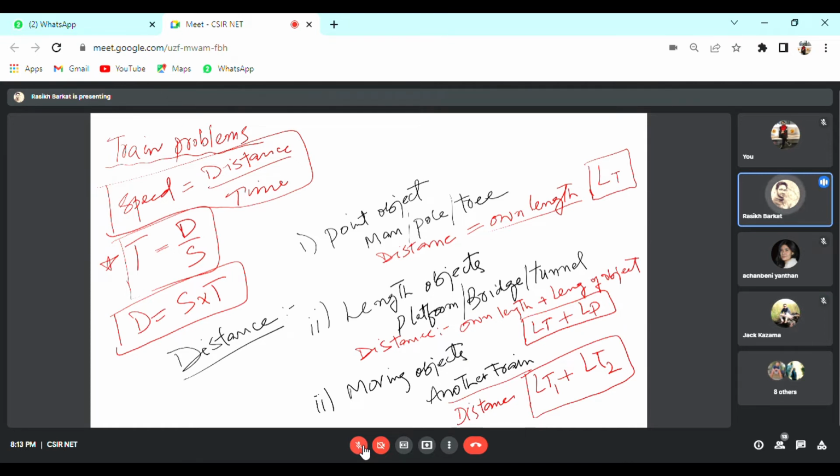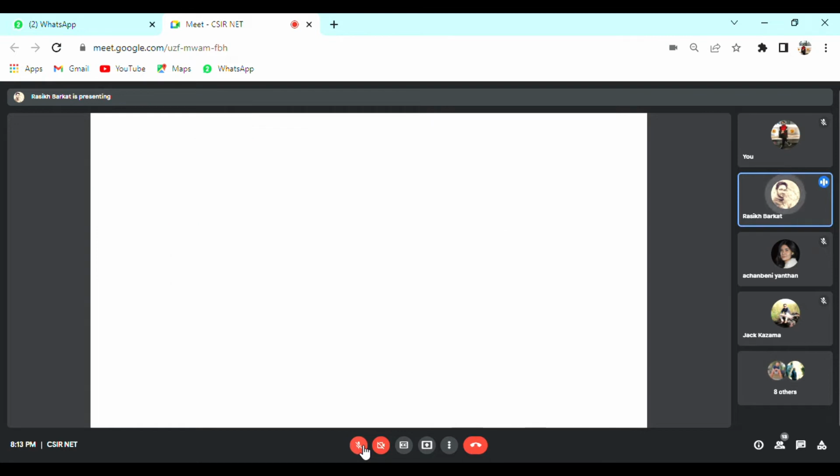Now if you understand this, we will see another thing, that is these moving objects. When the two objects are moving, what will happen to the speed? That is what we call relative velocity or relative speed.